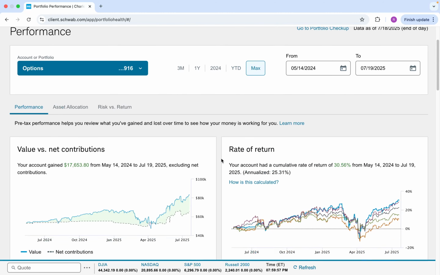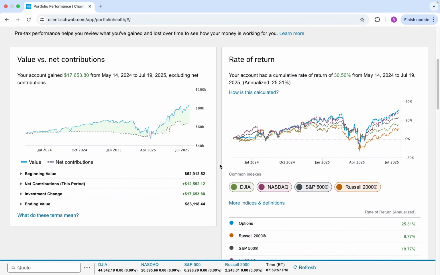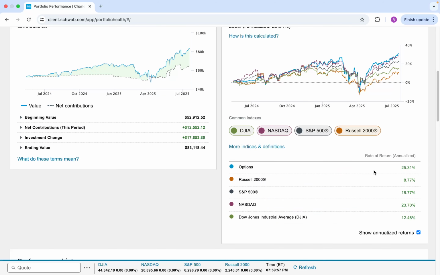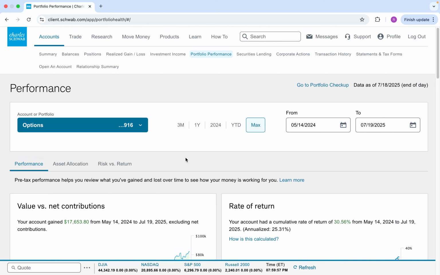And then since these accounts got moved over, I was with TD Ameritrade, and then Schwab bought them out. So since I got moved over in May of last year, I am up annualized 25.31% against 23.70. So up almost a percentage and a half point over the NASDAQ. So beating it on all time frames as of right now.